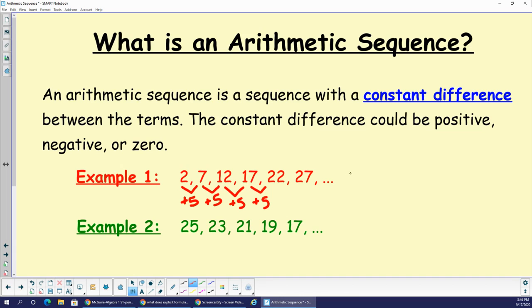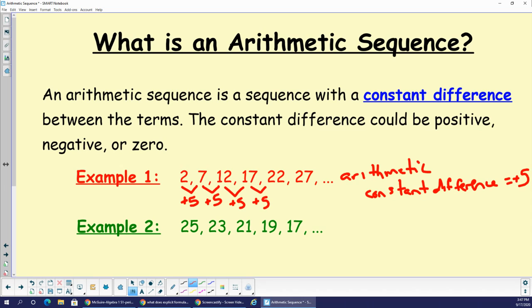So this example is an example of an arithmetic sequence. And I know so because that constant difference, constant means the same. That constant difference in this example is a positive 5.